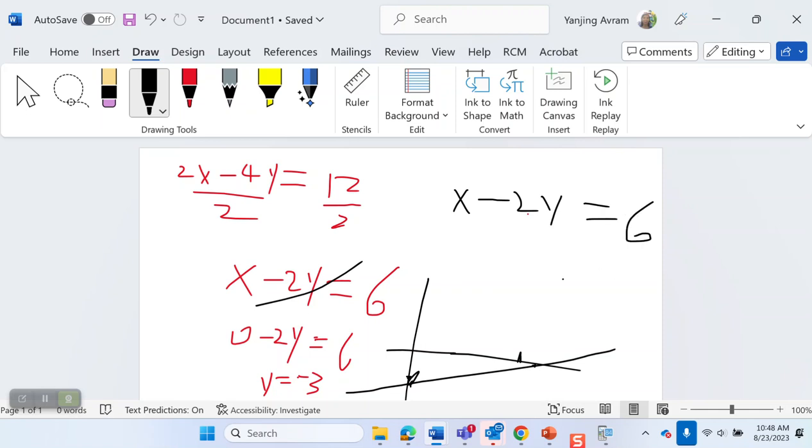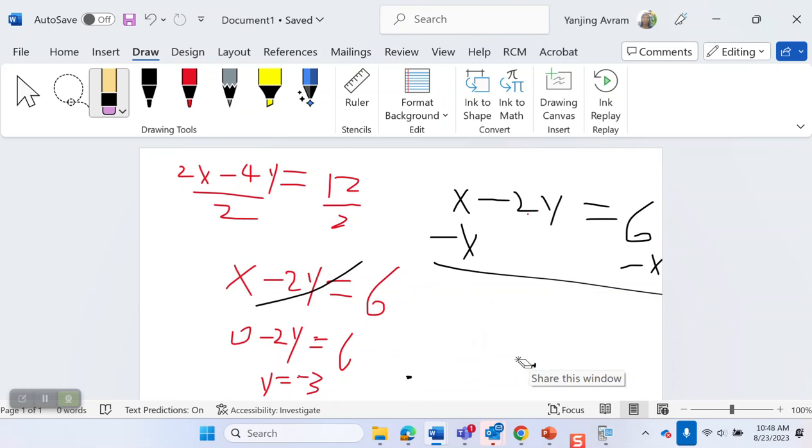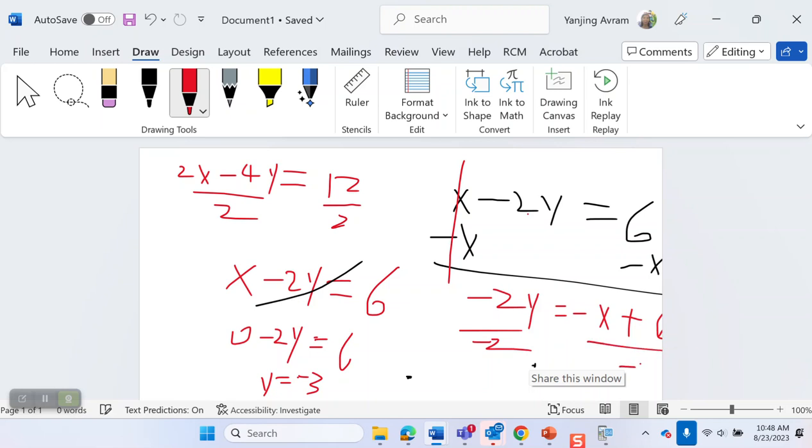So I am going to subtract x on both sides, so that cancels out. So I have -2y equal to -x plus 6. Then I'm going to divide both sides by -2. So I solve for y.